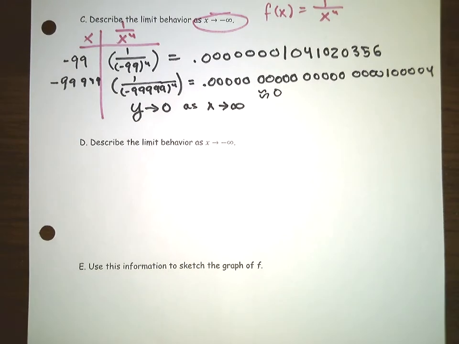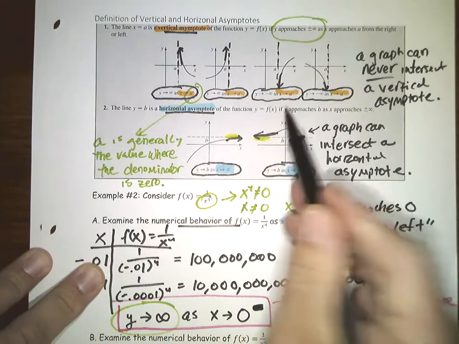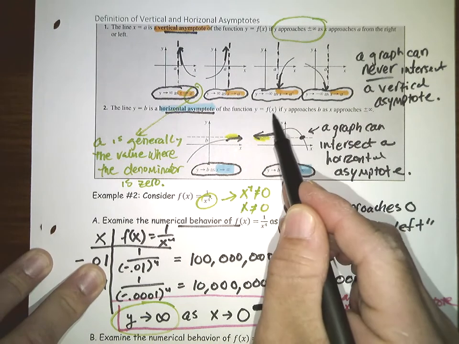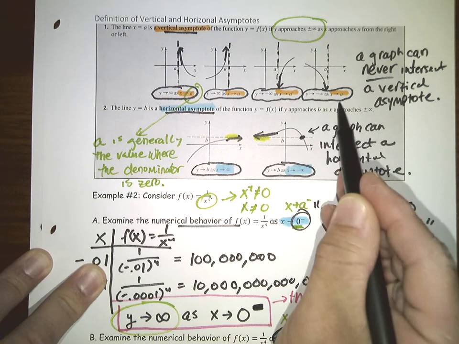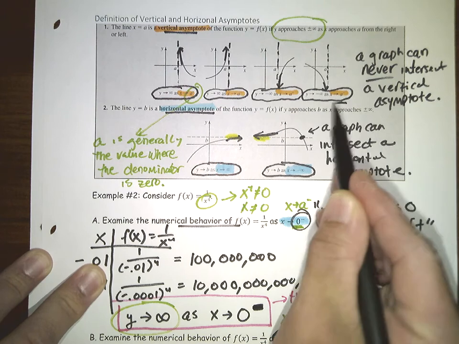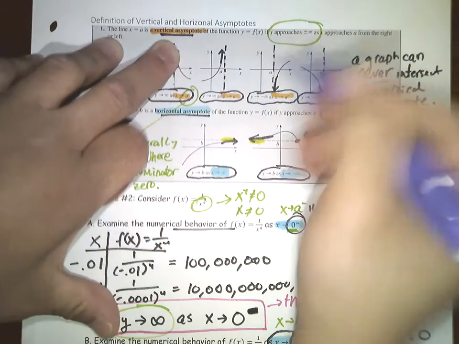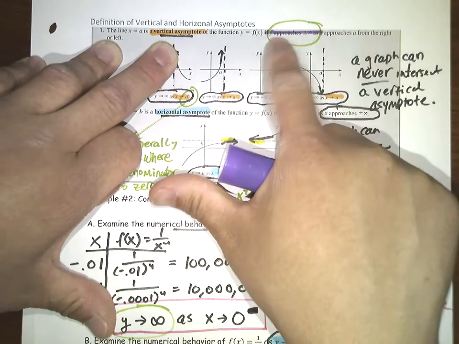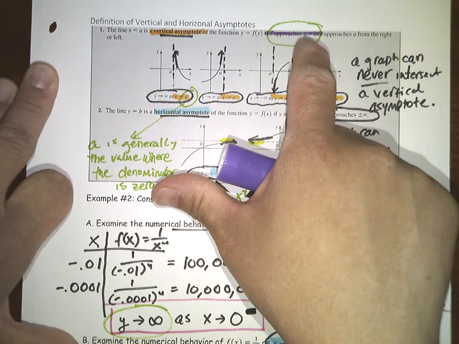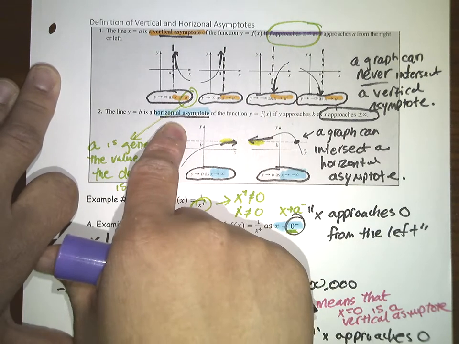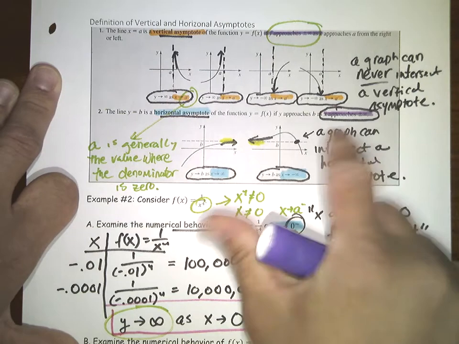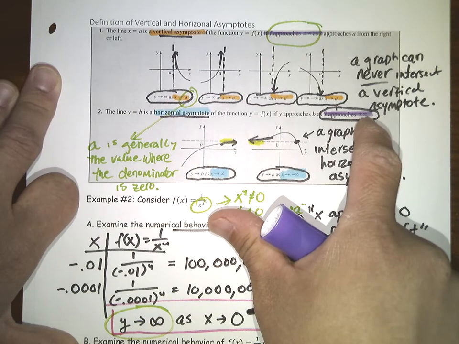So then again, this means something, right? If I look back at my definition, y approaches b as x approaches infinity or negative infinity. The other thing that might help you is that to find the vertical asymptote, y needs to be approaching infinity or negative infinity. But if you want a horizontal asymptote, it's x that needs to be approaching infinity or negative infinity.